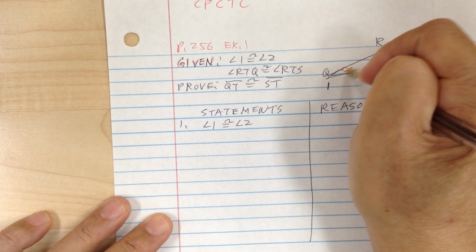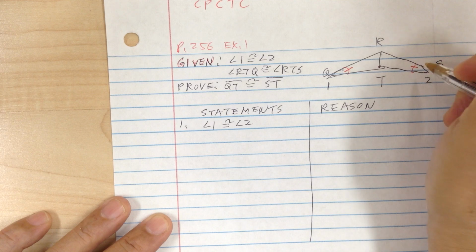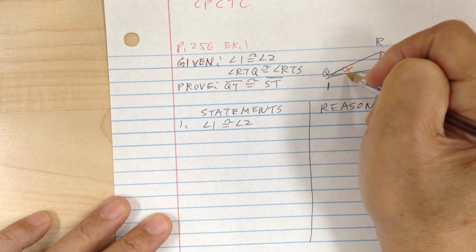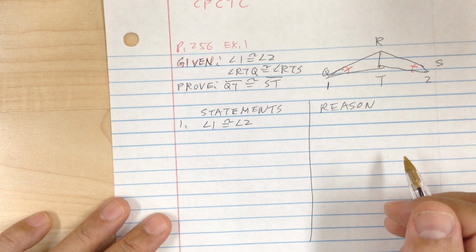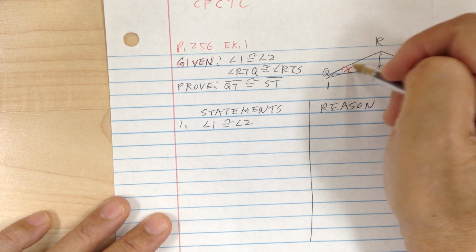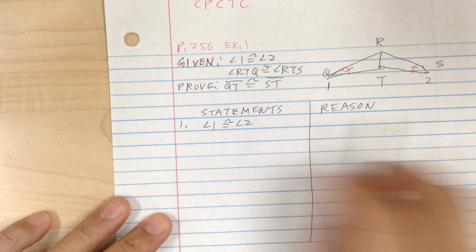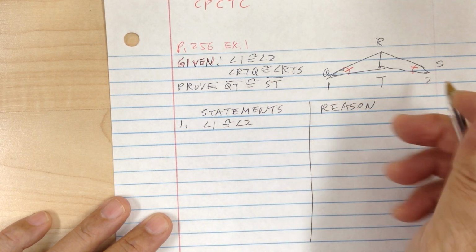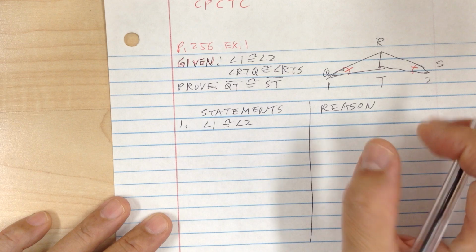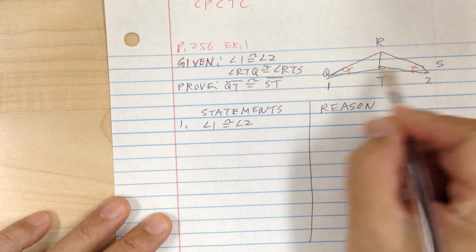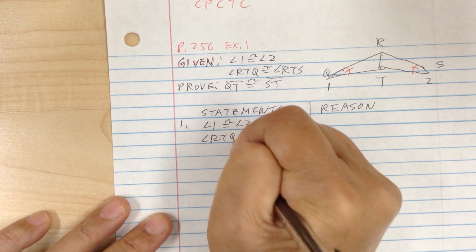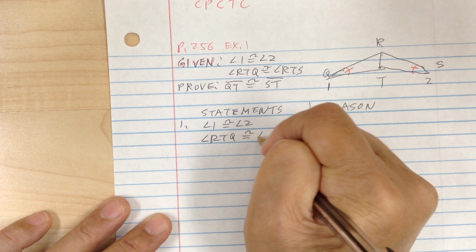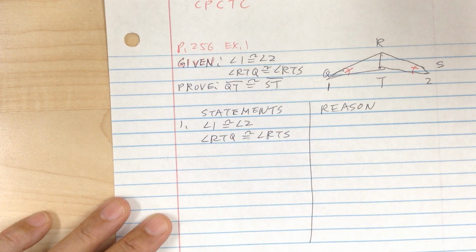Notice I use the arc and also a hash. I just do that out of habit. You can just use an arc if you want to. There's no certain rule saying you have to do it a certain way, as long as you make it obvious they are congruent. And angle RTQ is congruent to angle RTS.